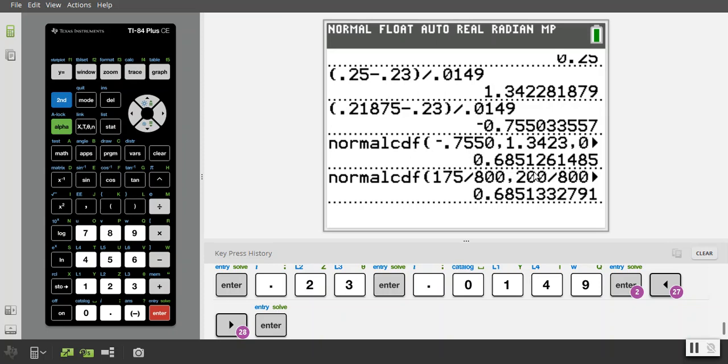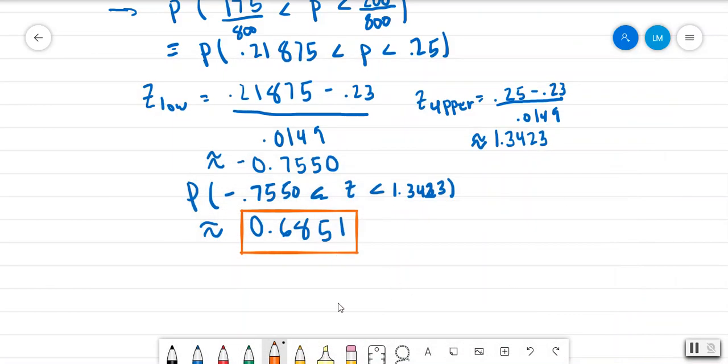So it gave me 0.6851, which is about the same. We'll put that in using the probability of 175 divided by 800 less than p less than 200 over 800.